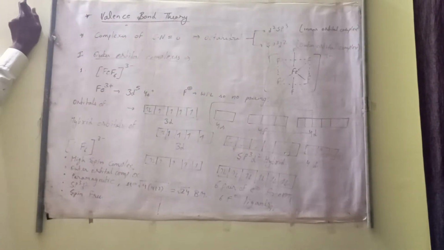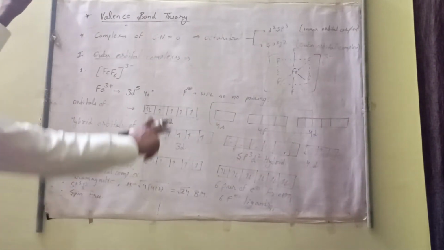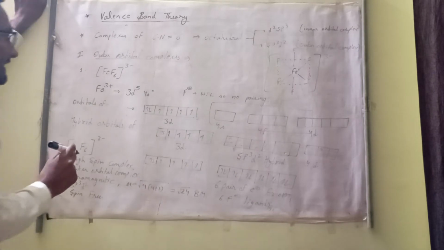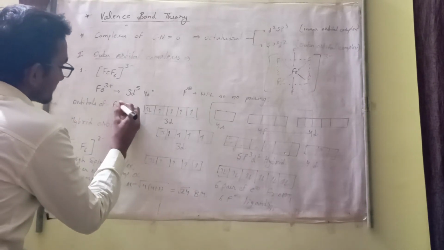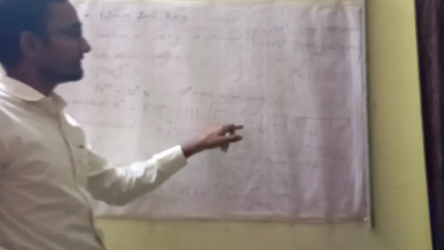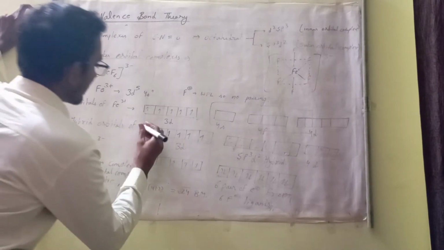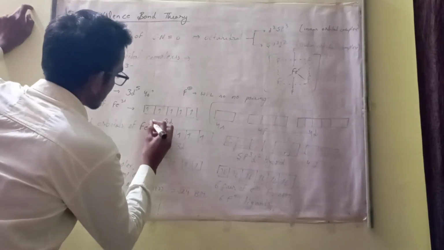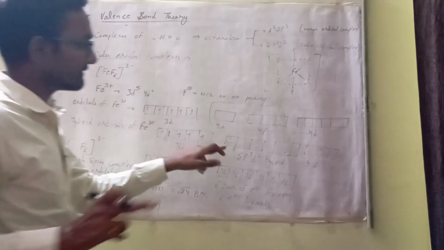Okay, in the last example also it will be 3 minus. Okay, no pairing. Orbitals of Fe3 plus. F minus is a weak field ligand. Okay, everything is correct. Now hybrid orbitals of Fe3 plus, weak field ligand, no pairing.